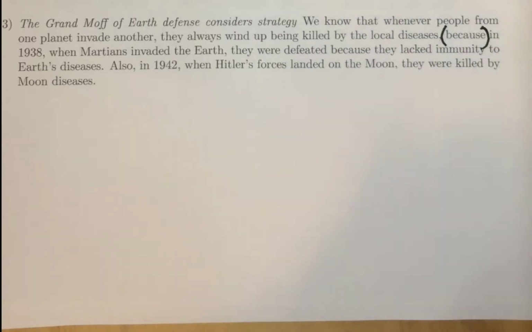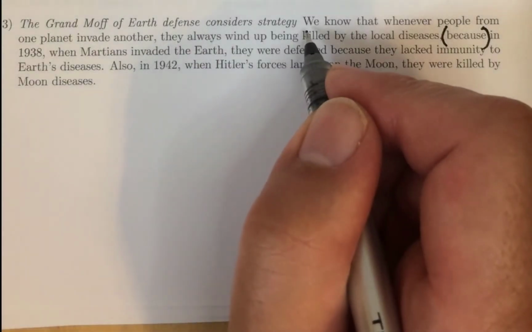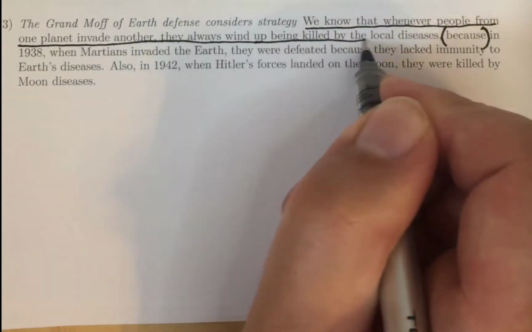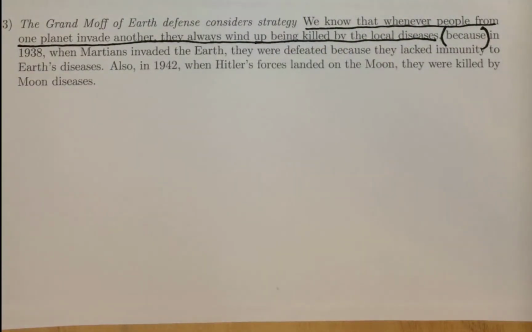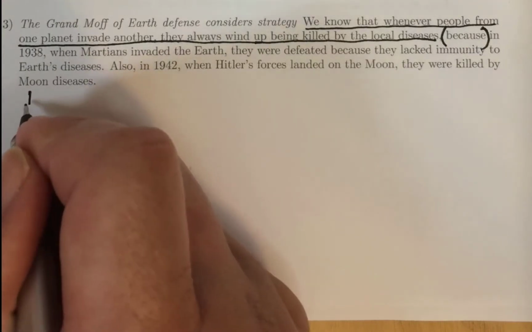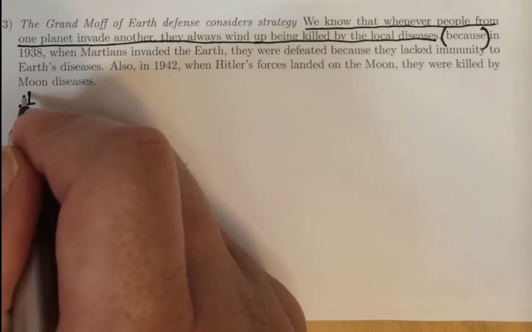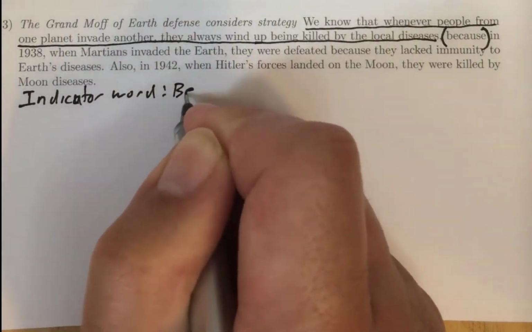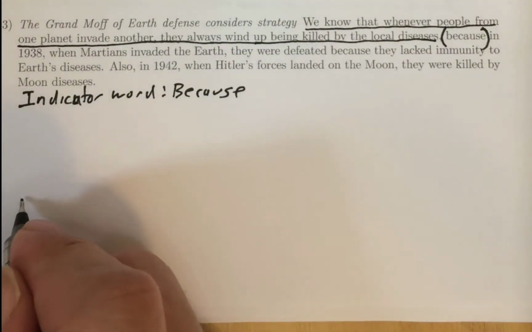And you can see that this time, everything that comes before it is the conclusion. This one is conclusion first. Right? So let's go ahead and write that part in. Indicator word because. And then you write the conclusion down here.